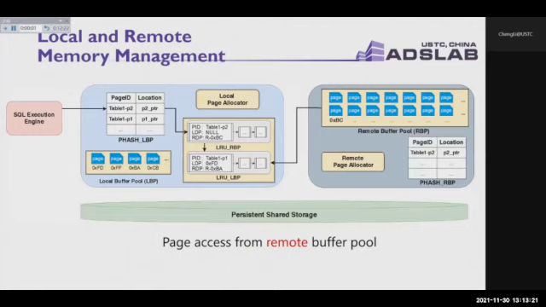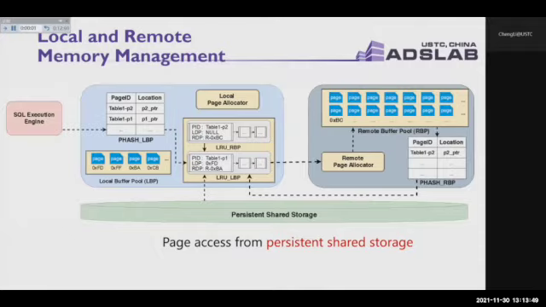However, if the page is not locally cached but is remotely cached, we can look up this LRU list and get the remote site. Then we can use this remote memory address to issue a one-sided RDMA to the remote side and fetch the data from remote, and then we populate the local LRU to manage it.